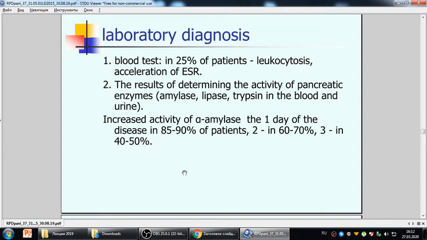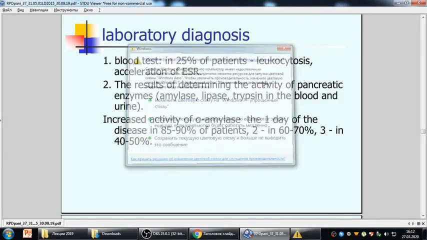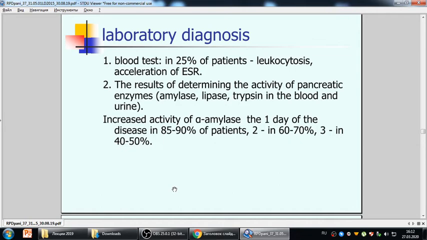Increasing activity of alpha amylase on the first day of activation of the disease, exacerbation of chronic pancreatitis or acute pancreatitis, will be in 85-90% of patients. But on the second day after exacerbation, only 60 to 70% of patients have increased enzymes, and on the third day of disease, less than half of patients have increased enzymes.